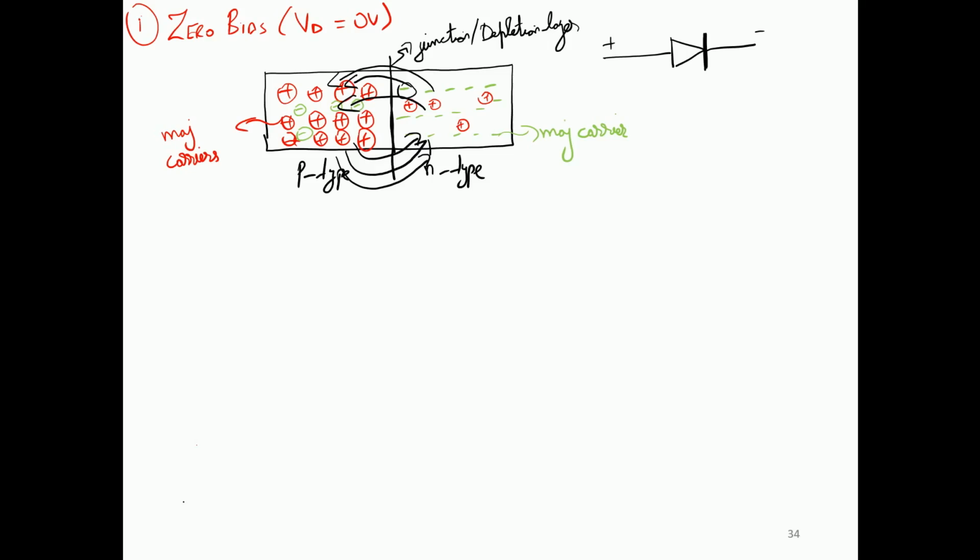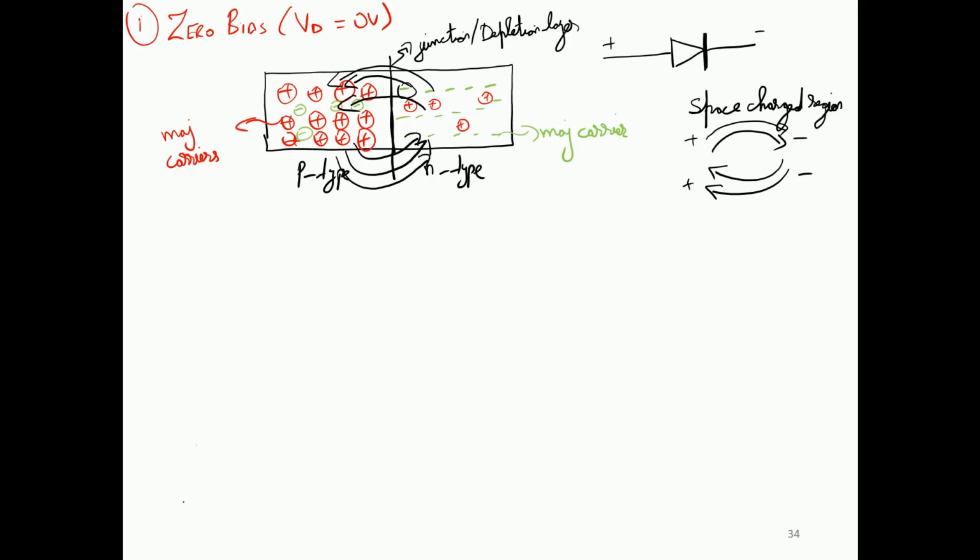Now when this kind of recombination is happening, a new region is created, which is known as a space charge region. A space charge region is created when the positive are moving towards the other side and the negative ions are moving to the opposite side, the law of attraction happening between positive and negative.